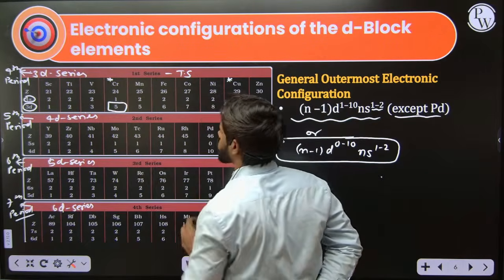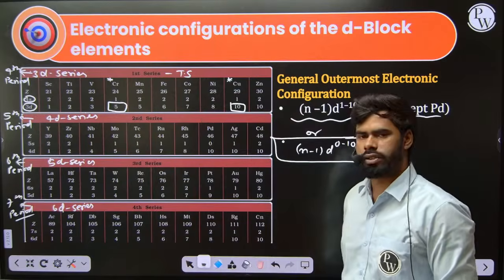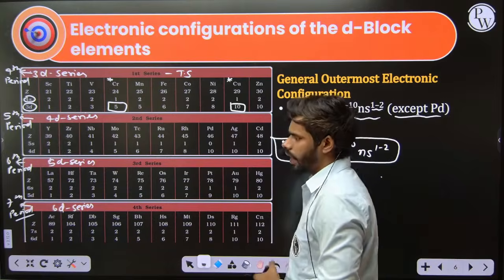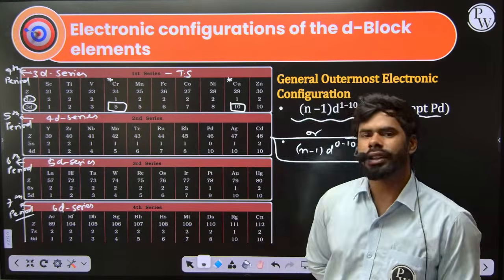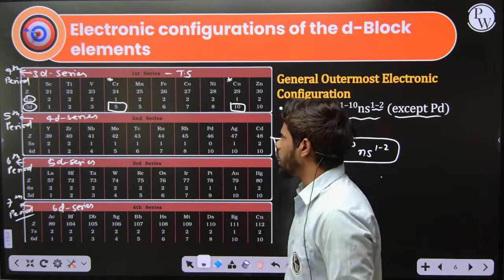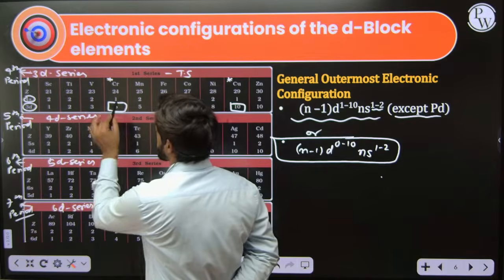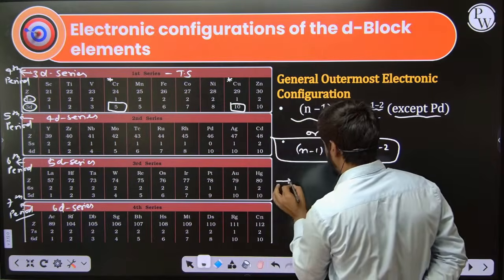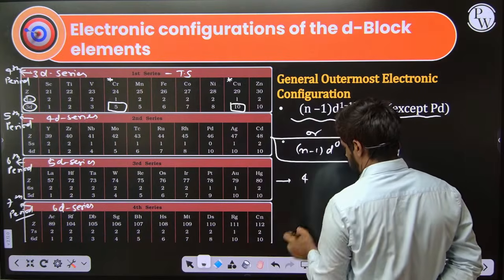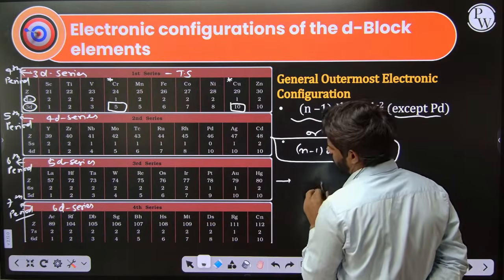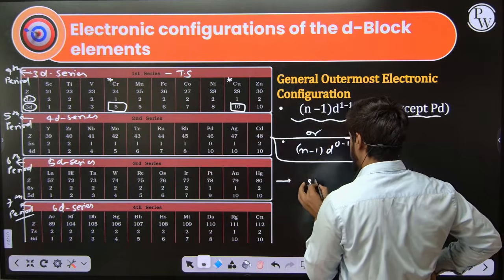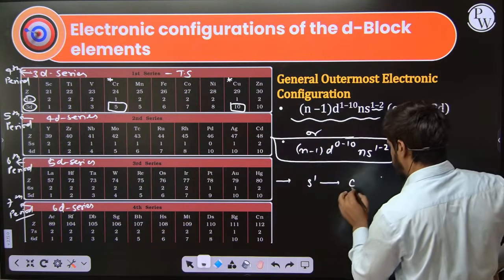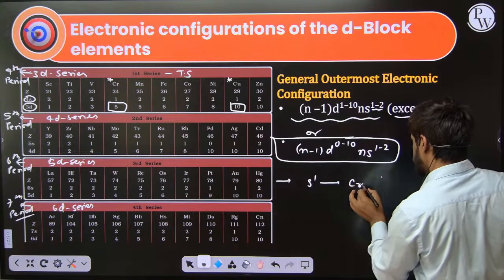So in chromium and copper, the half filled and fully filled configurations are more stable than the other partially filled configurations. So here the 4s will have 1 electron in the case of chromium and copper.